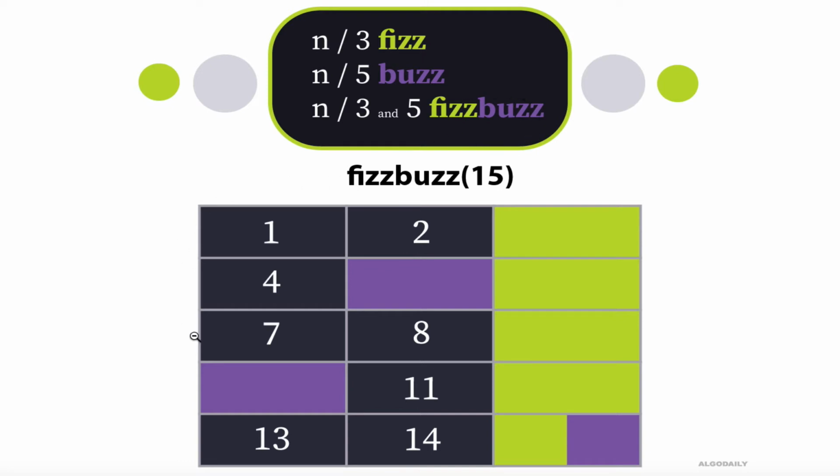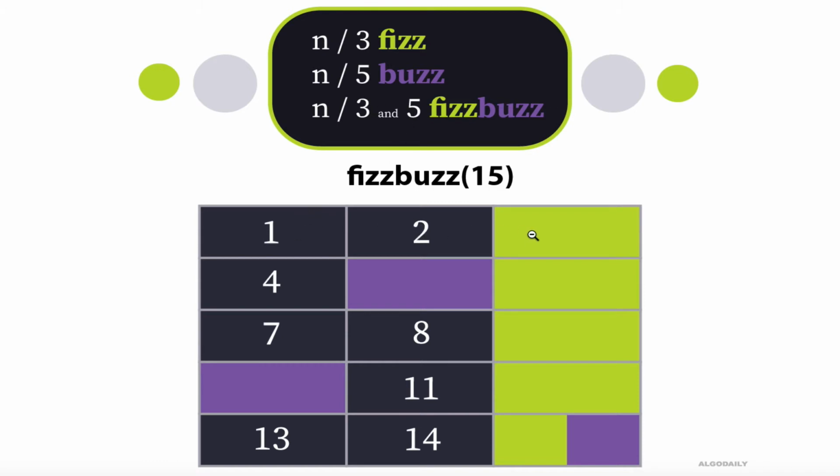So here's a little diagram that shows you what happens if you were to enter the number 15 as your input. This diagram illustrates what condition each number would go through. Starting at 1, it isn't a multiple of 3, 5, or both, so we leave it.